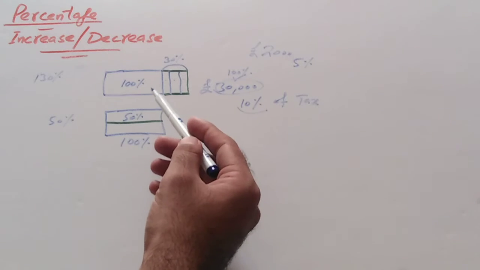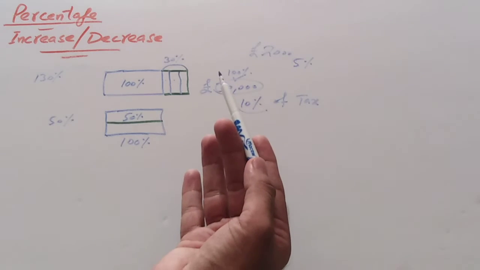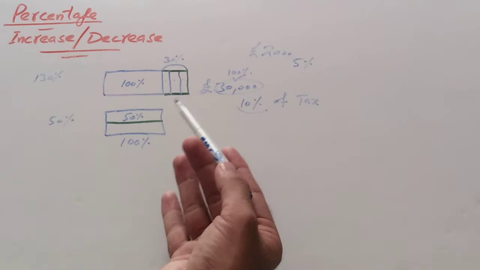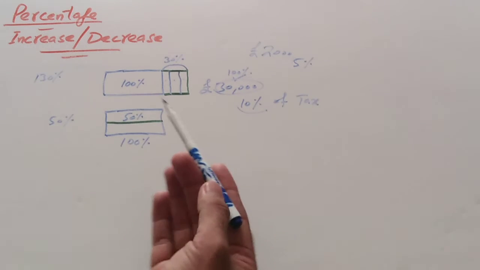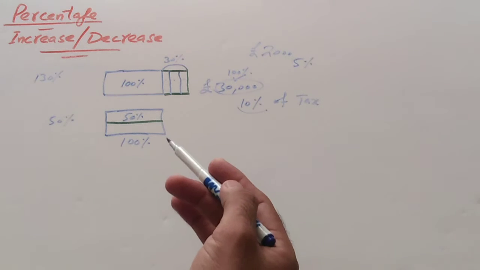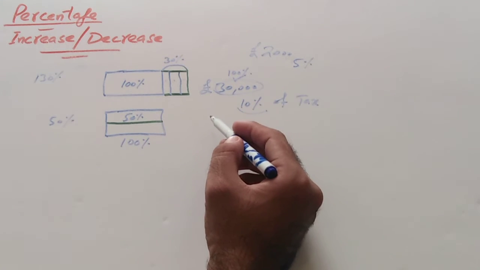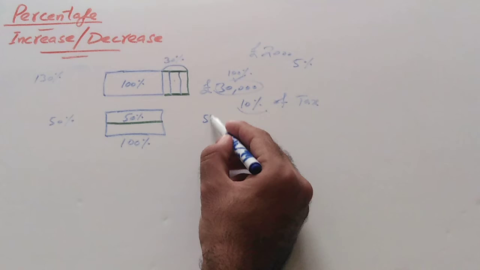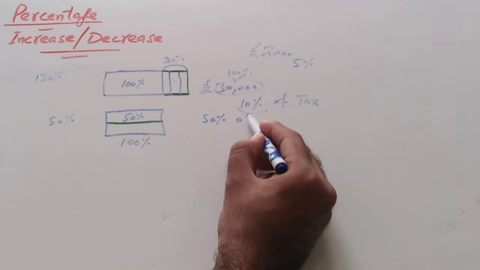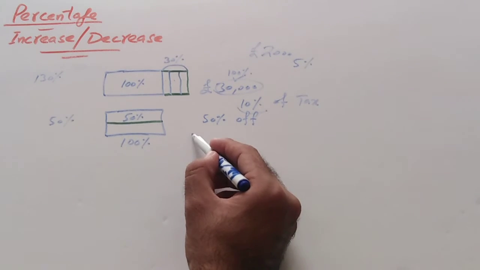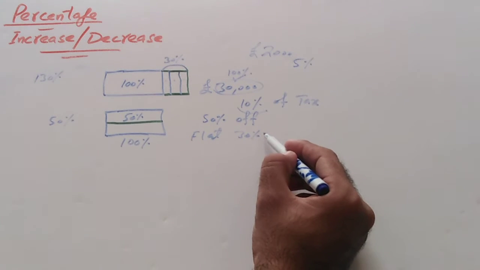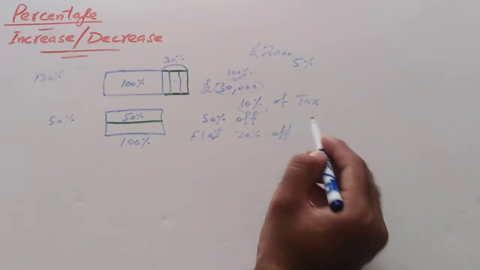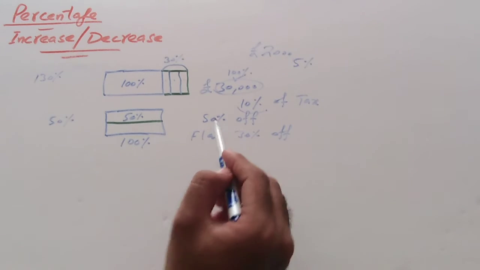Similarly, if you talk about the discounts in the supermarkets and the malls, a discount means you have to pay less. You usually see that most of the time it says like 50% off, or flat 30% off. So all these things represent a discount, and discounts mean you have to pay less than the amount.